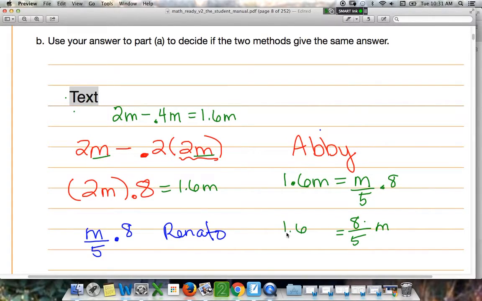You can change this to a fraction, or you can change this to a decimal. I would probably do a little bit of both. Like this right here is 1 6/10, sorry, with the m on it. And I could change this to a mixed number to be 1 3/5 m. So you can see that the 6/10 would reduce to 3/5 and be okay. So those are the same answer because they give me a true statement here at the end.